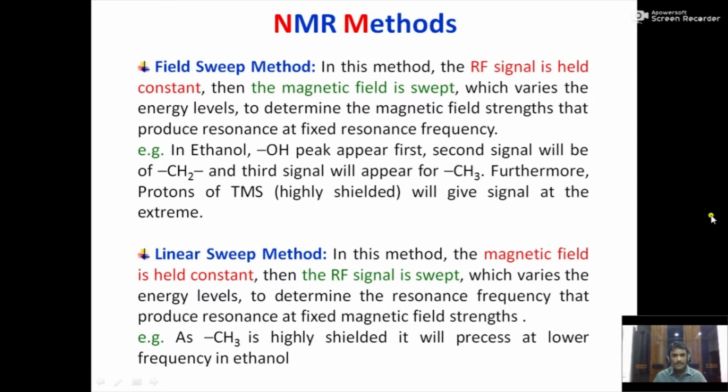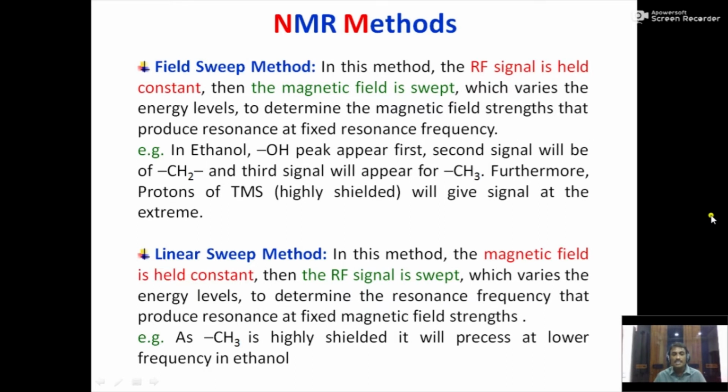Then the linear sweep method is there. In this linear sweep method, the magnetic field is held constant and the radio frequency signal is swept. So you can see that the CH3 will precess with a very small frequency. So at the lower frequency, this CH3 is precessing.